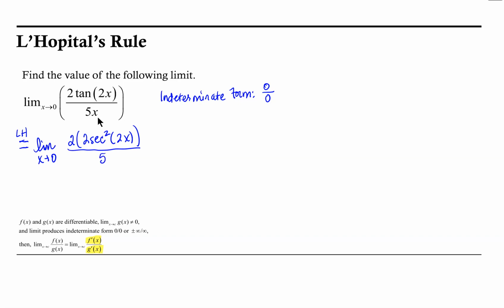Now we try to take the limit again. In this case, we will have 4 times the secant squared, and 2 times 0 is 0 over 5. And secant squared is 1, so this is 4 times 1 squared, secant of 0 is 1, so that's 4 times 1 squared divided by 5, which gives us a limit of 4/5.